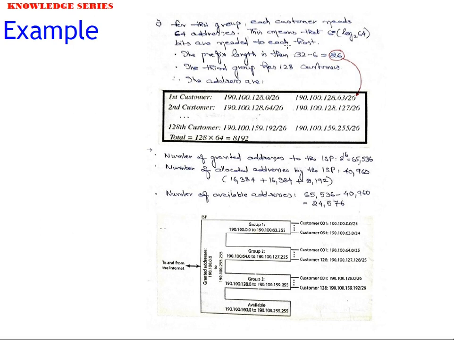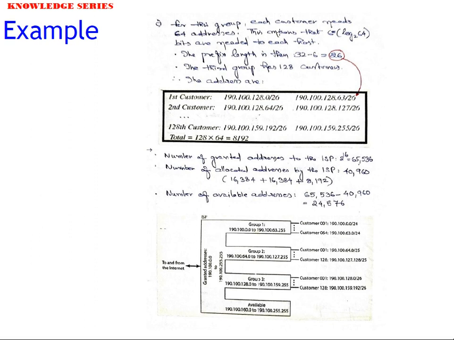That is, 2 to the power of 6, so 6 bits are needed for each host. So we have to create an IP distribution for 64 different customers.